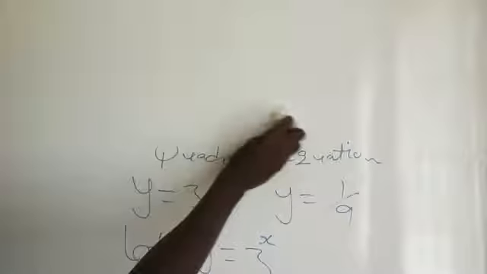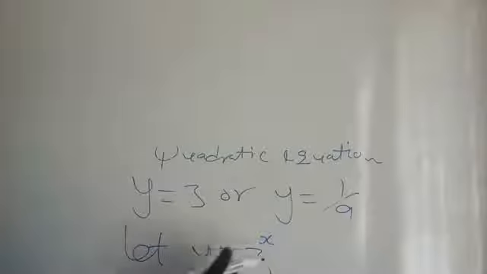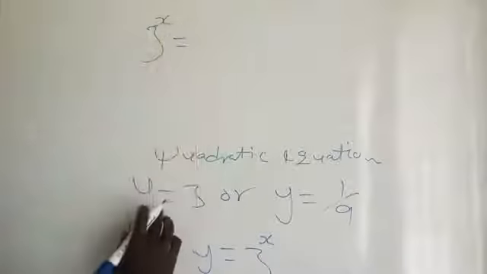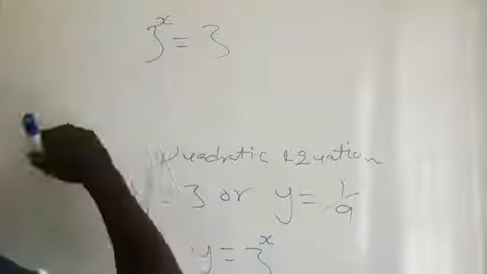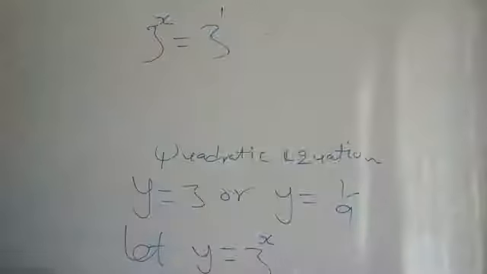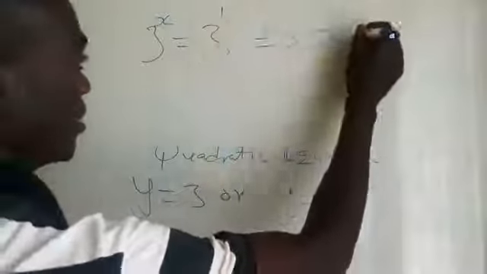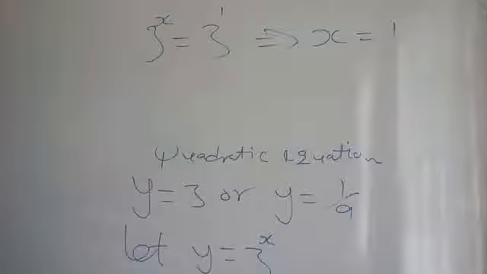So this is how we are going to substitute it. 3 power x is equal to y, but my first value of y is 3. Remember, 3 is the same as 3 power 1. The bases are the same, so I just equate the powers. X is 1.